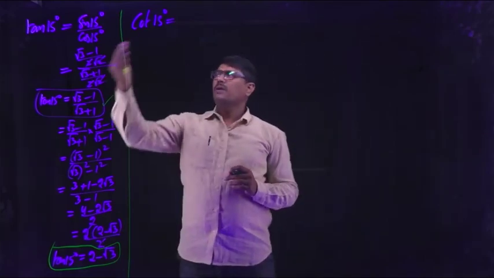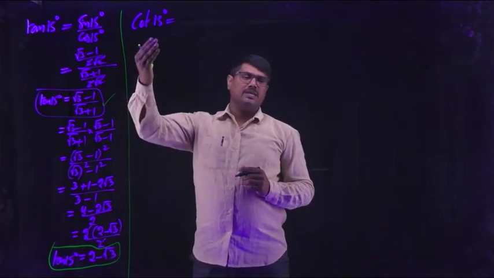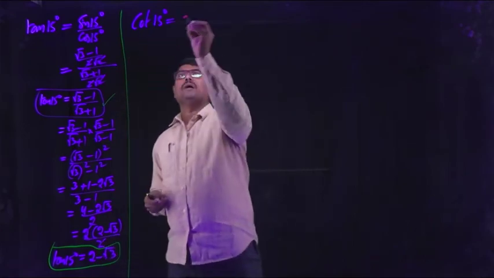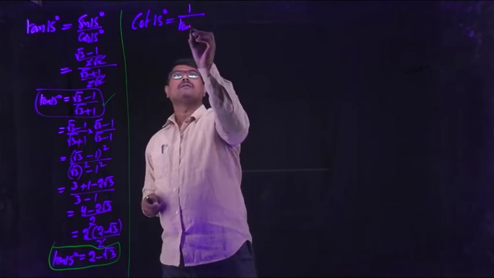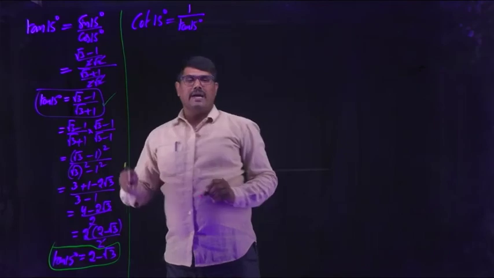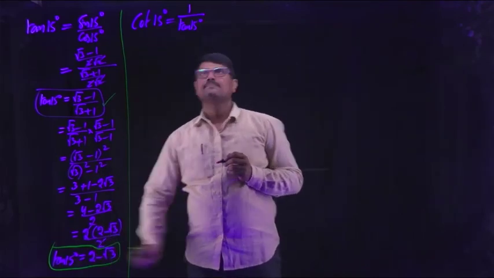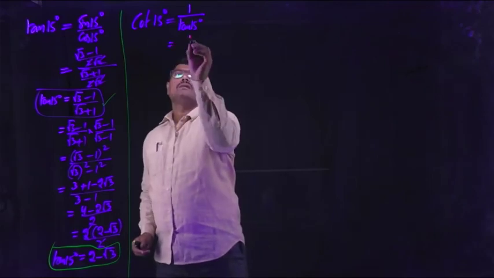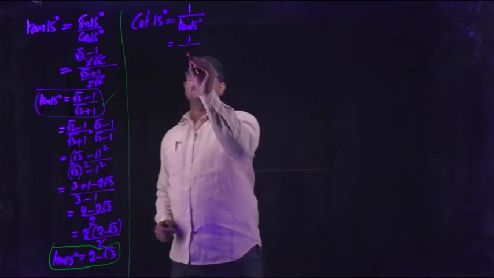We know the value of tan 15, and cot theta is nothing but 1 by tan theta. So I am writing cot 15 as 1 by tan 15, that means I am finding cot 15 using the value of tan. Already I remember the value of tan 15 degrees is 2 minus root 3.